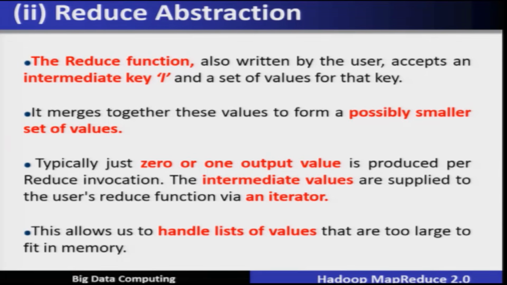So, that means if we see the outcome of the map function, it will generate the intermediate key value pair, which will be taken in the reduce phase as the input.